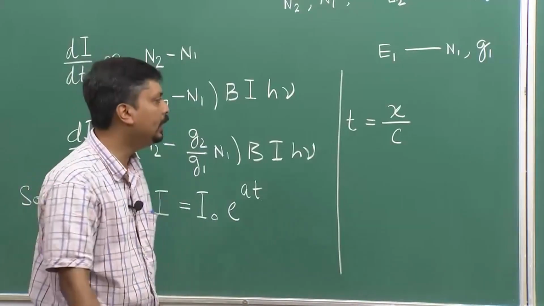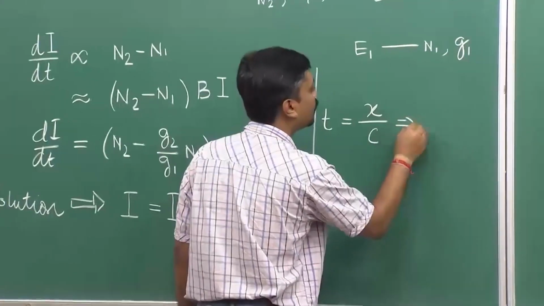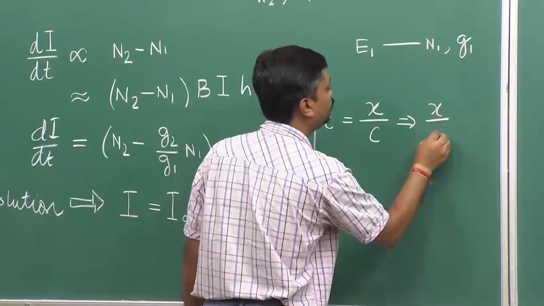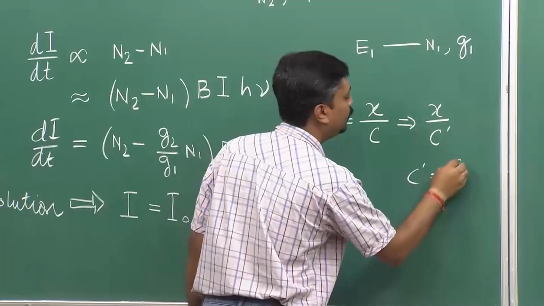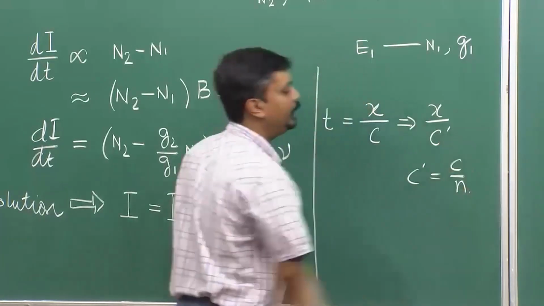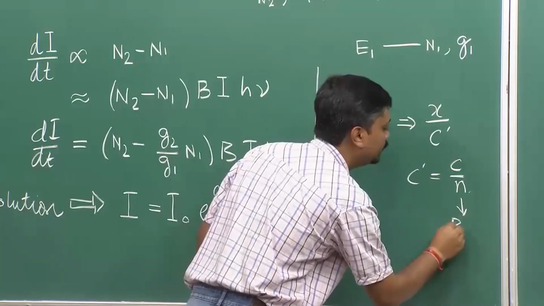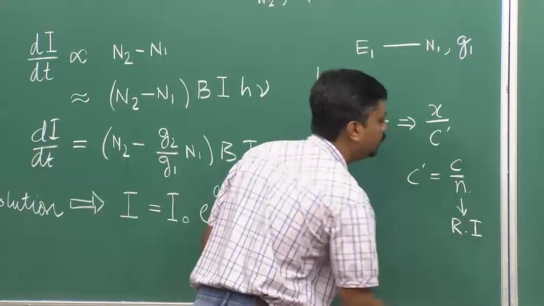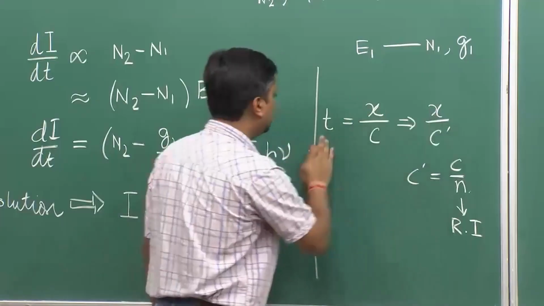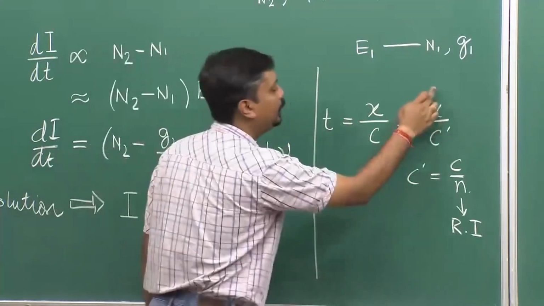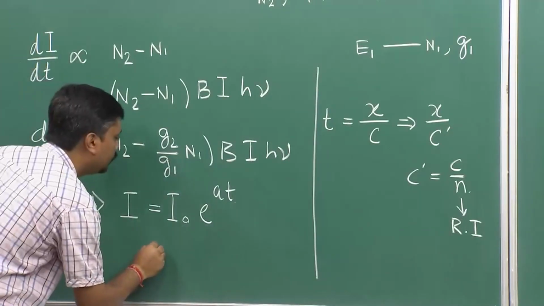In that case my expression will be modified to C prime, where C prime takes into account the refractive index of the medium. So, since I can convert t into this, I can express this equation in terms of this one also.